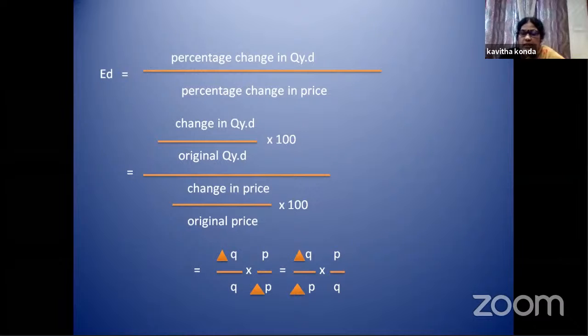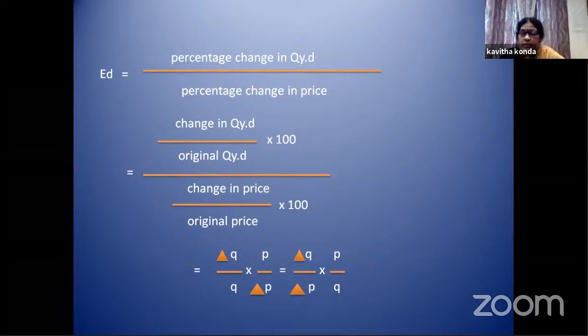Delta P means the change in the price. Delta Q is the change in the quantity, Q is the initial or original quantity, P is the initial price, and delta P is the change in the price after the price changes.